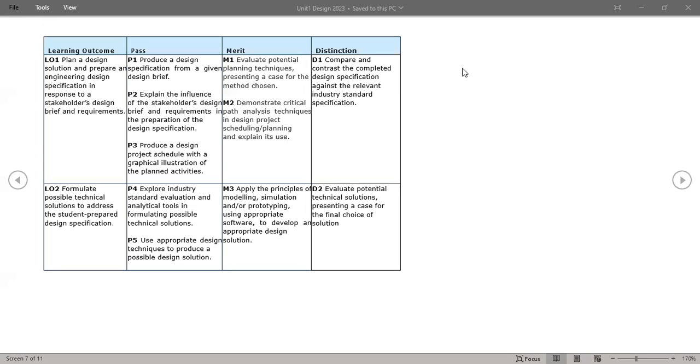They understand how to choose a solution through SWOT or a decision matrix already, and those skills can be applied in Unit 1 also.